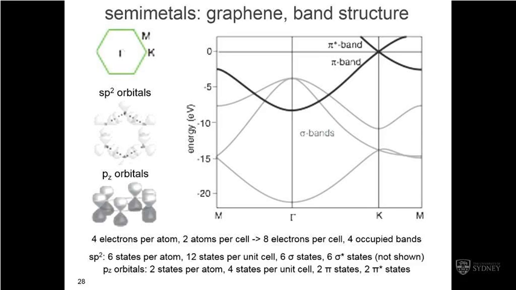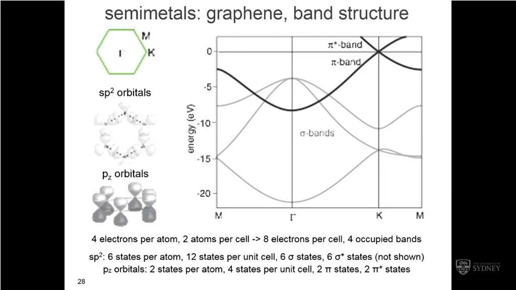So we can look a little bit further and give names to these bands. As I said before, there's 3 kinds of these sp2 orbitals, so it can take 6 states. We have 2 atoms, so that means 12 states per cell. These form 6 sigma states. These are sigma states, 1, 2, 3. And there's also 6 sigma star states, which are up there in the conduction band.